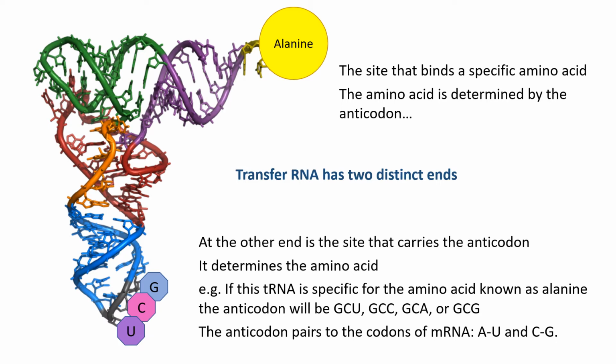We'll see in a minute why there's multiple options in terms of codon for amino acids. So each amino acid is coded for by different codons. So the anticodon pairs to the codons on messenger RNA in exactly the same way, A to U, C to G.